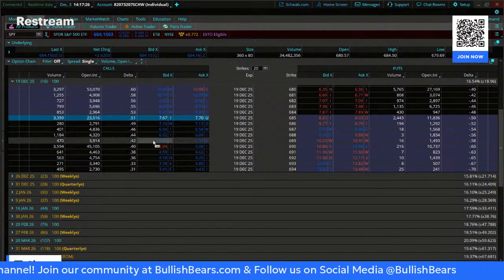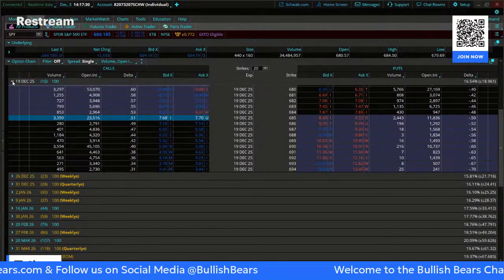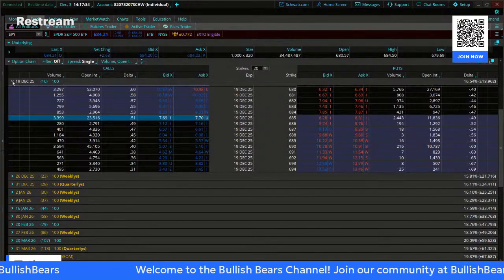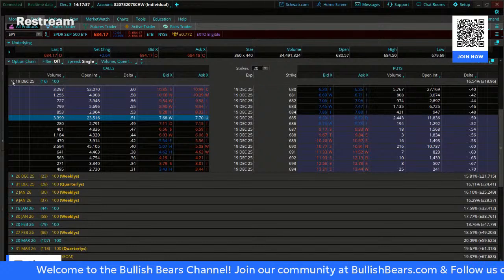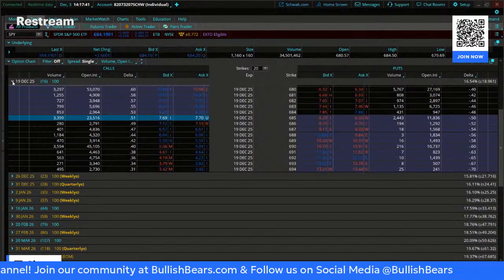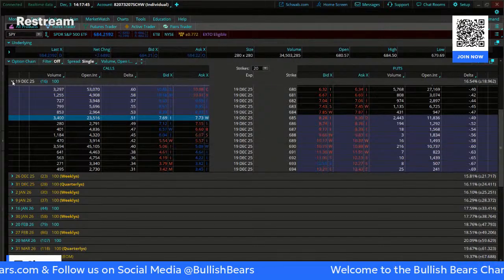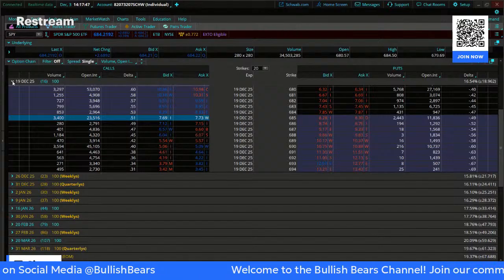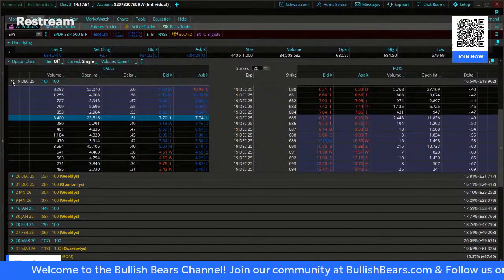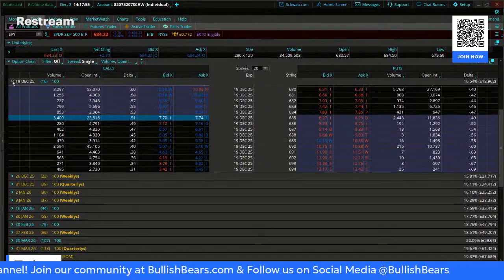The price of the option will vary based on all kinds of factors, including how many times that option was traded today, how fast those trades took place, how many contracts per trade were traded in those trades. All of that affects the price of that option. And that is overlooked by so many people who fall down the Greek rabbit hole, thinking it's all about the delta and the vanna and gamma.